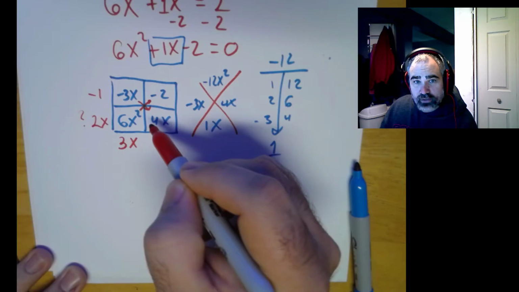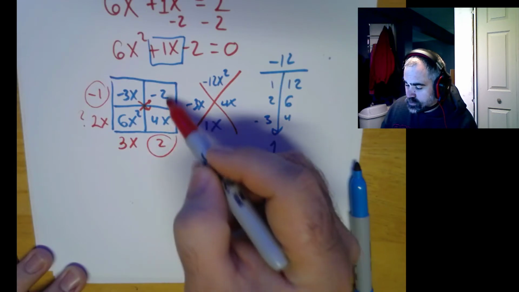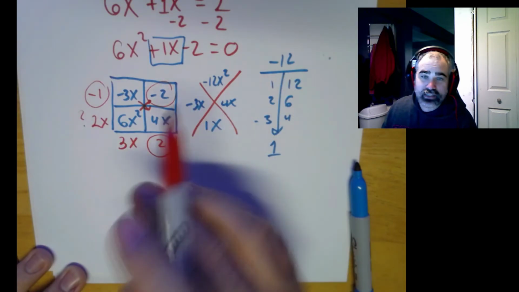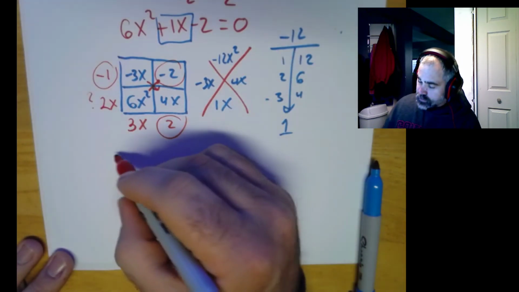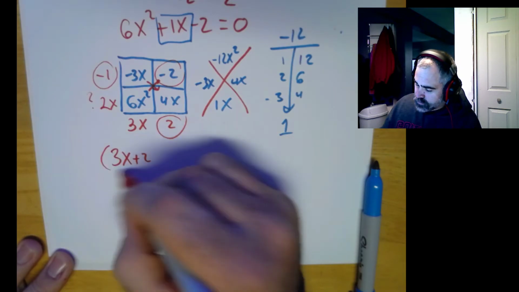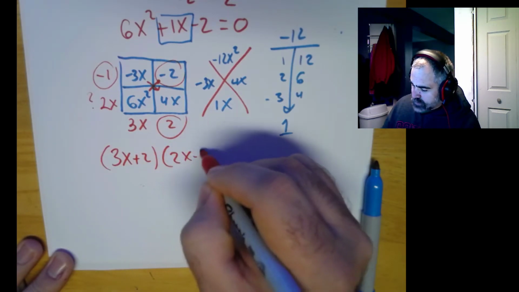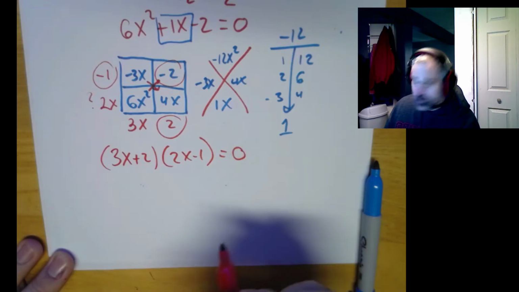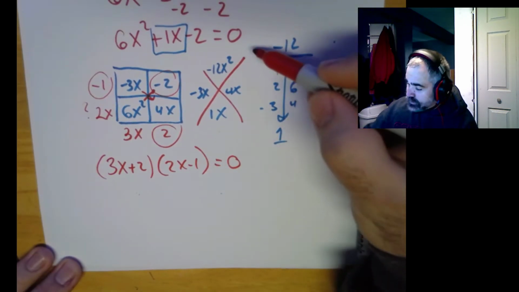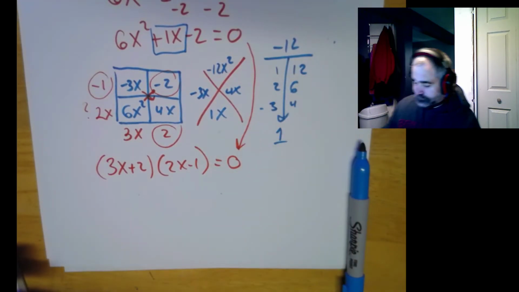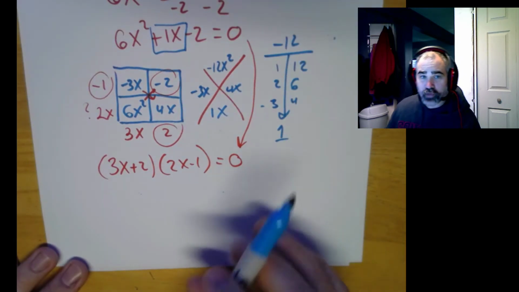And you can always check because the outside numbers should multiply to be this last one, and they do. So we've got 3x plus 2 on the bottom and 2x minus 1. And that still equals 0 because we're just rewriting this equation here. That's all we've done. Now we can use the zero product property again.